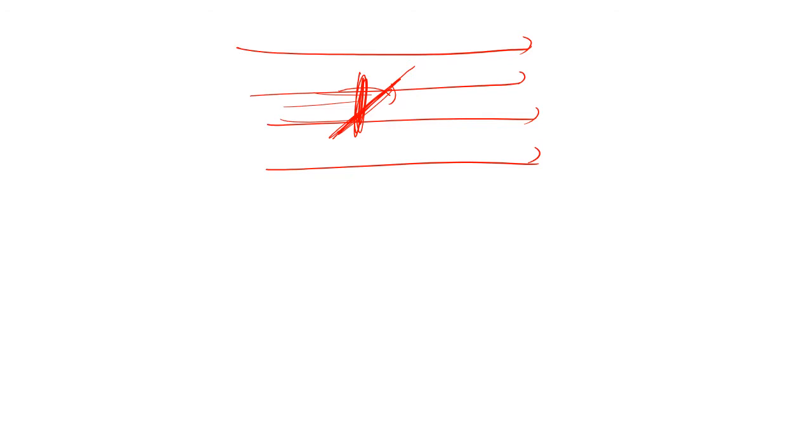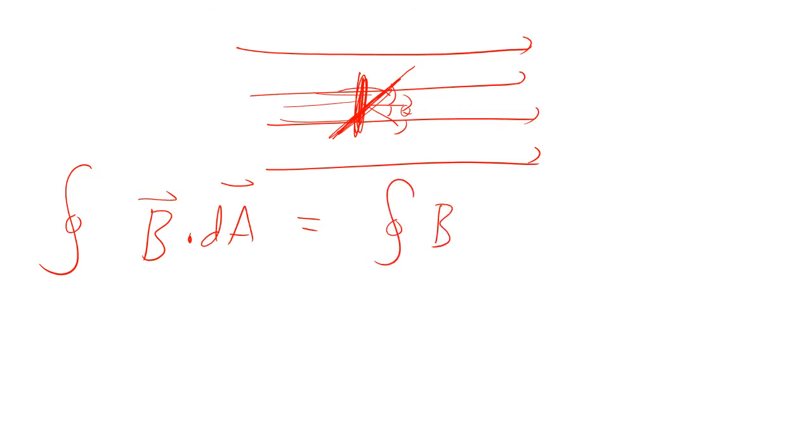Because it's a dot product, if we imagine a perpendicular to the coil, the angle through which it turned we call theta. So B dot dA becomes B dA cosine theta.